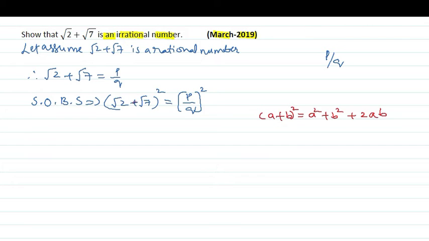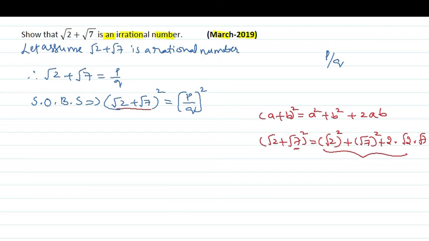So first we simplify: root 2 plus root 7 whole square, where a is root 2, so a square is root 2 whole square, plus b square where b is root 7, root 7 whole square, plus 2 into root 2 into root 7. Now write on this solution step: root 2 plus root 7 whole square gives root 2 whole square plus root 7 whole square plus 2 into root 2 into root 7.